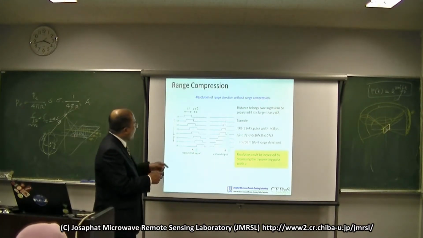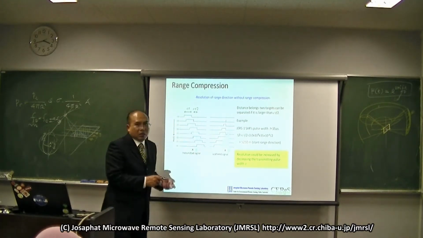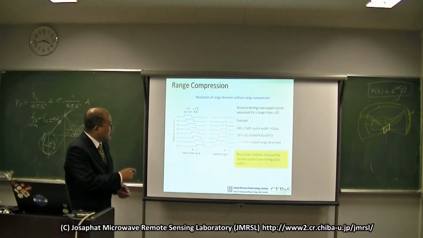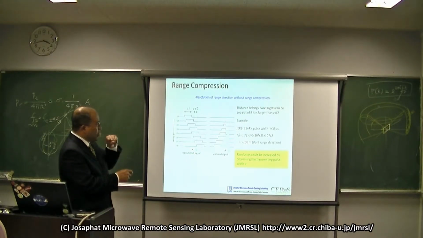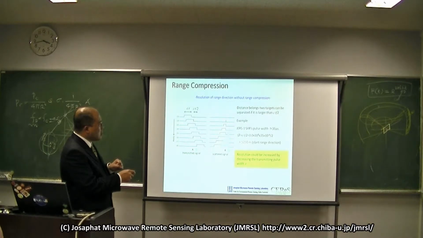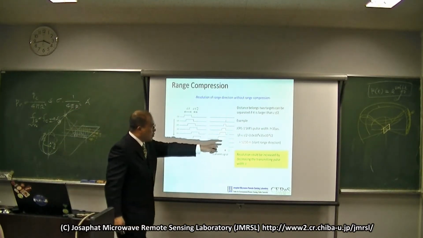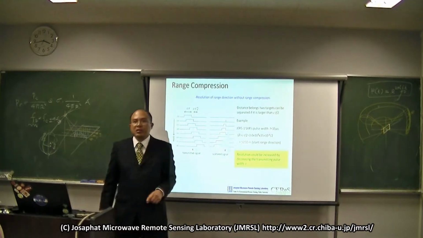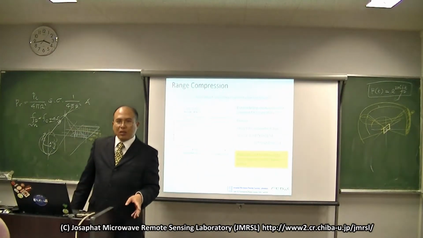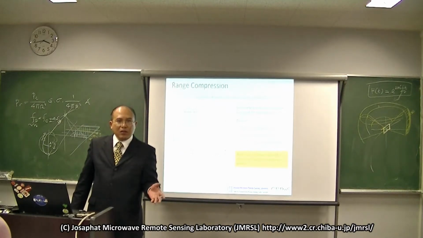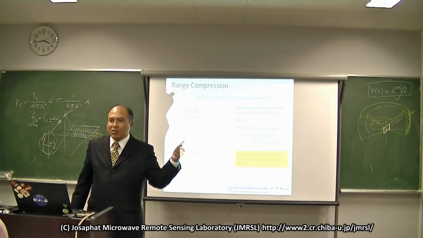If tau is 35 microseconds, and you want to find the resolution, c tau divided by 2, you insert c as 3 times 10 to the power of 8, and tau as this value, and the resolution in the range direction is 5 kilometers. 5 kilometers. Do you want to buy data with a resolution of 5 kilometers?